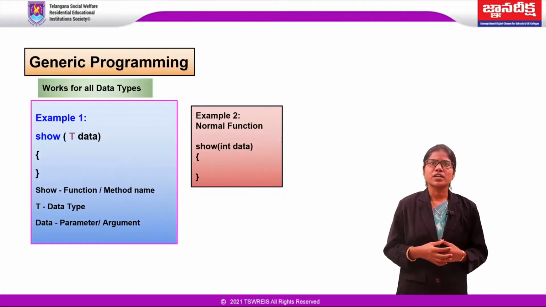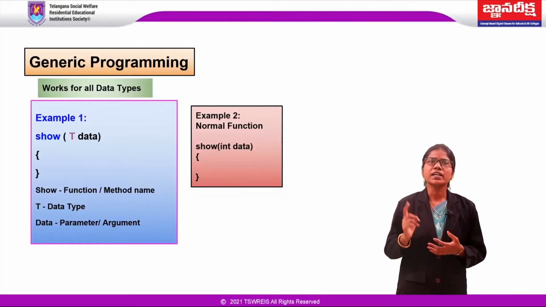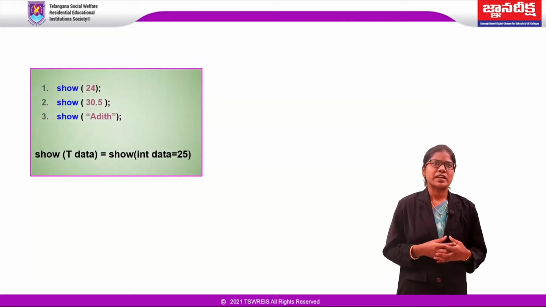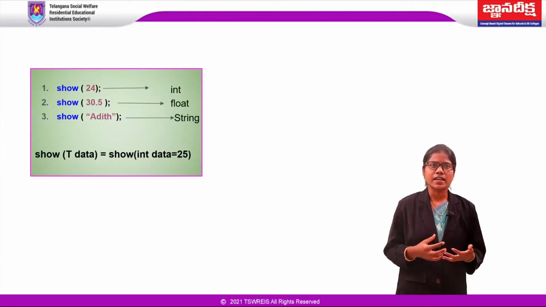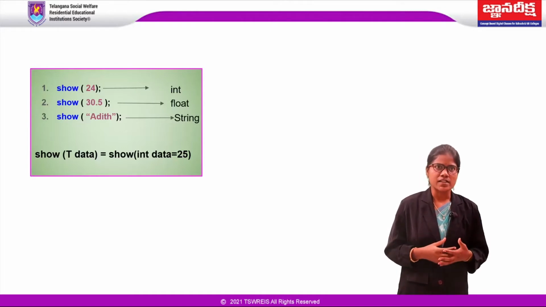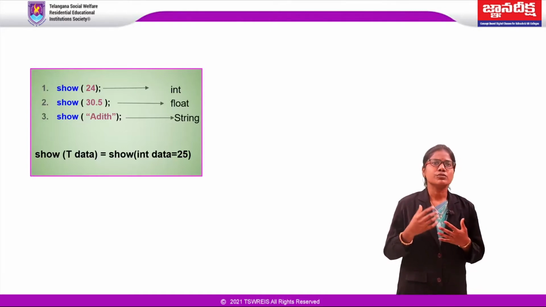As this show function accepts only one argument, we have passed only one argument, that is 24. The type of this 24 is determined as integer, and in this case T in show function definition is replaced as int and value 24 will be copied to data.